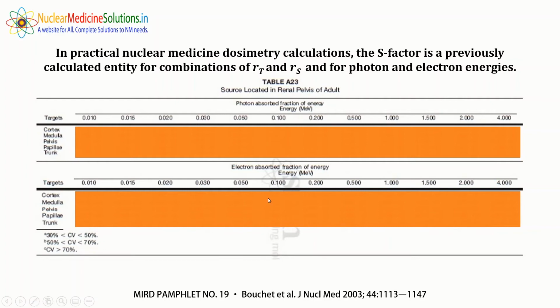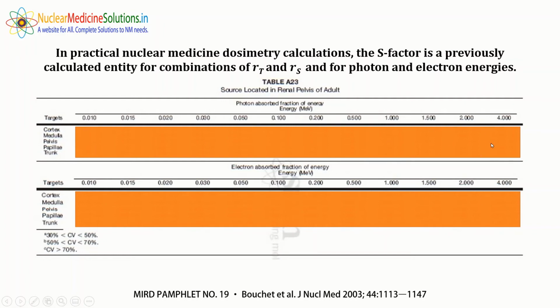So this is the table which was given by MIRD pamphlet 19, and they have given the values of suborgans like kidney, cortex, medulla, pelvis, papillae, trunk, and they have given different energies for photons as well as electrons, and the different energies they have calculated is 0.01, 0.015, 0.020. Like this, with the different energies they have calculated the values.